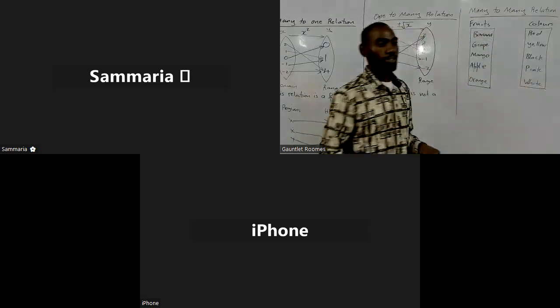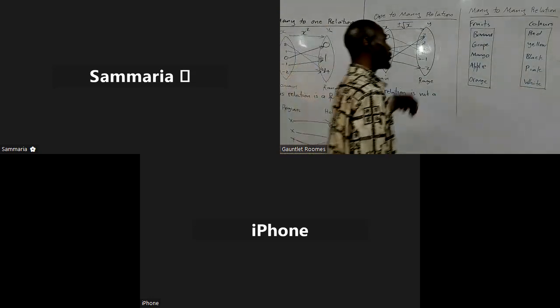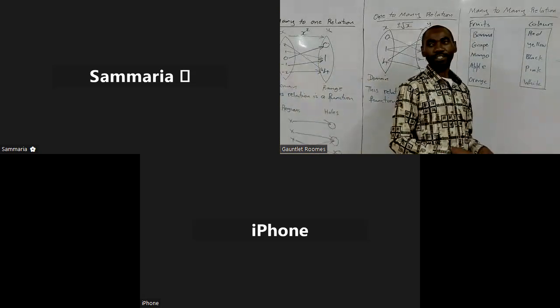Right, so here we have some fruits and we have some colors. So we're gonna have fruits mapped onto colors.